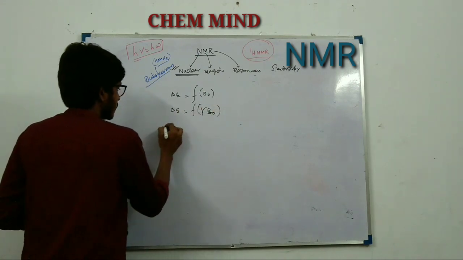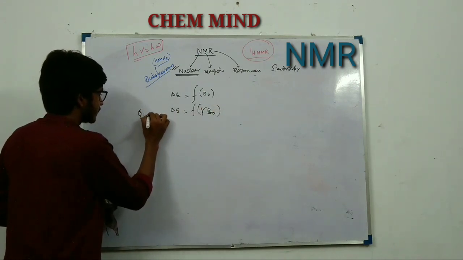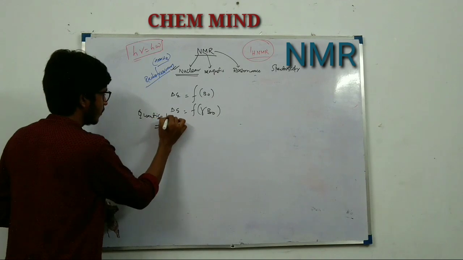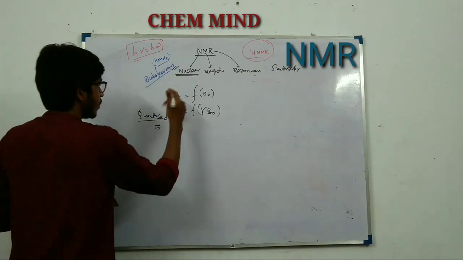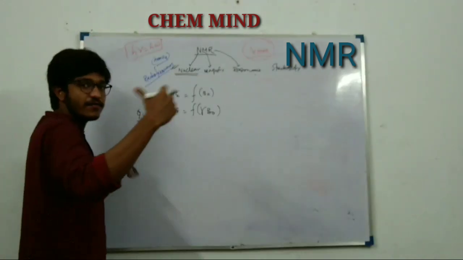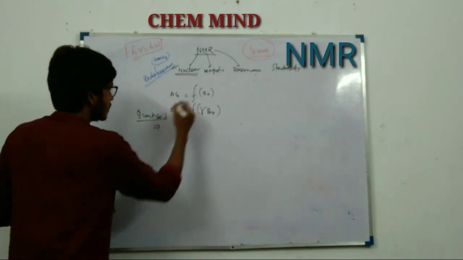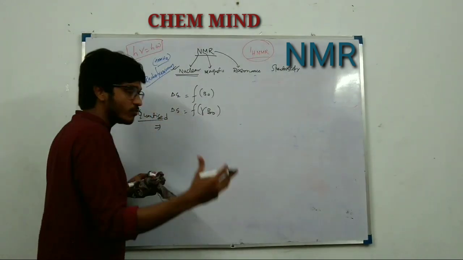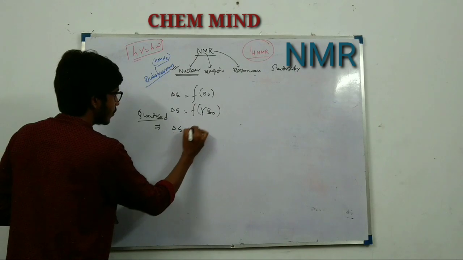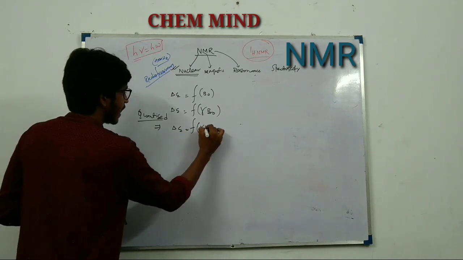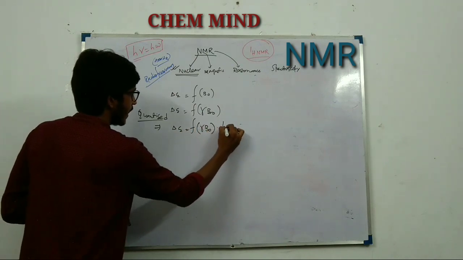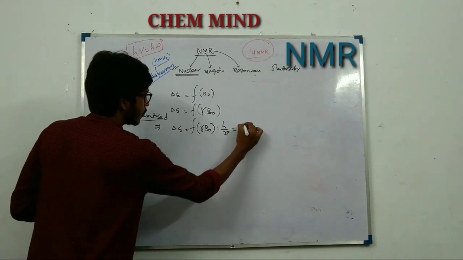If we quantize those nuclei having different atomic masses in an NMR instrument, then delta E equals a function of gamma B naught times h by 2 pi, which equals h nu.